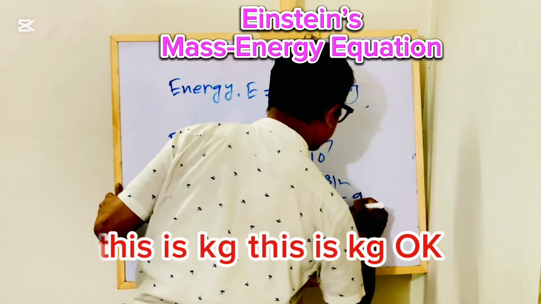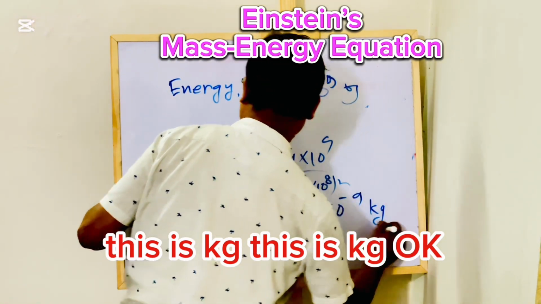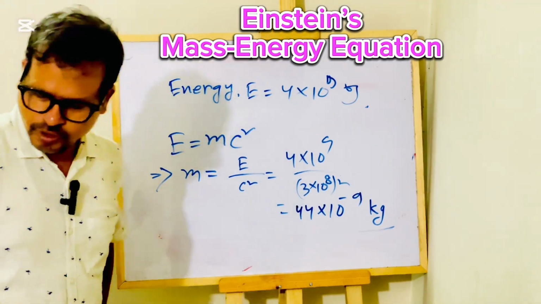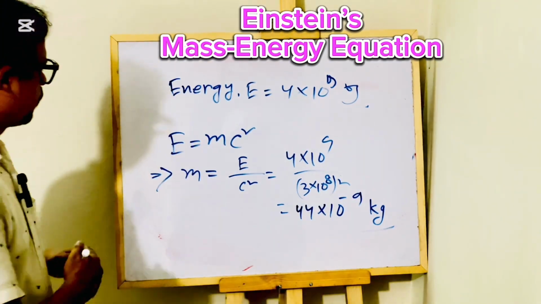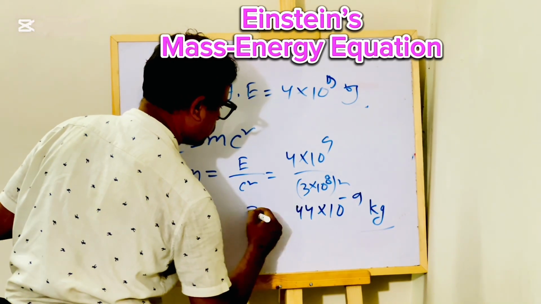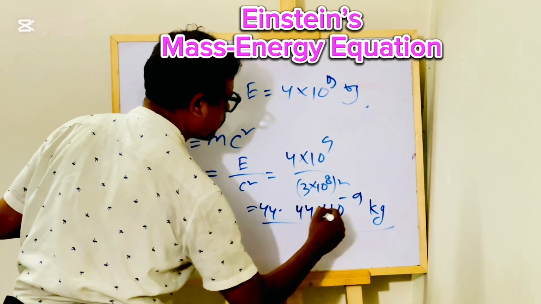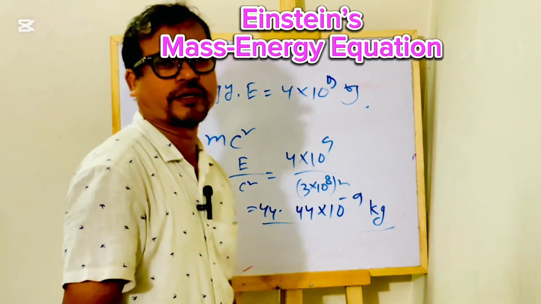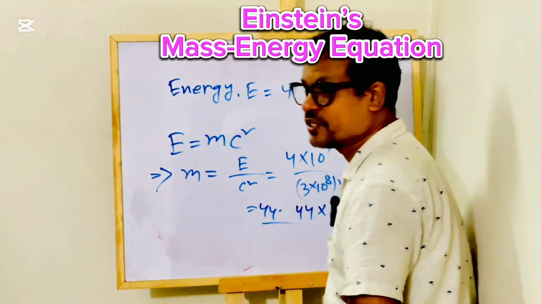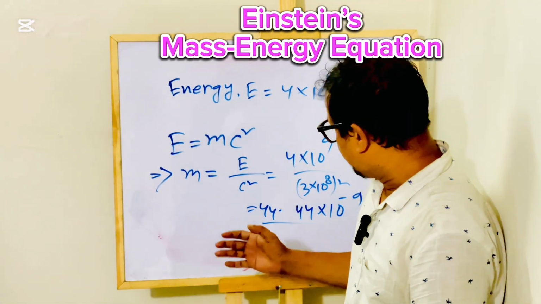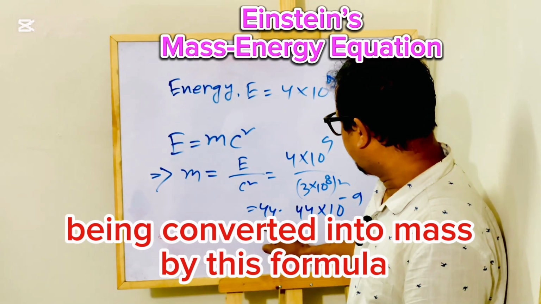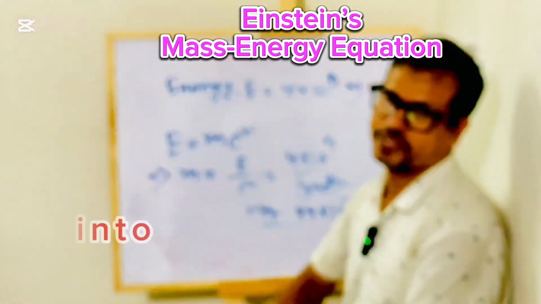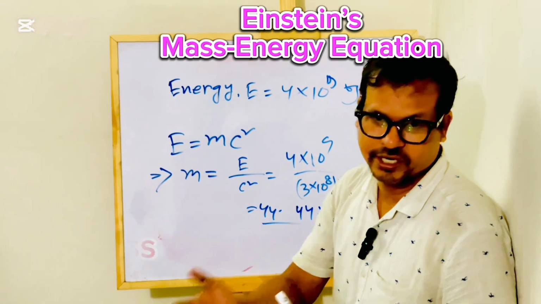Guys, this is kg. So 44.44 into 10 to the power minus 9 kg. Okay, nice. That is, energy has been converted into mass. By this formula, we can convert mass into energy and energy into mass.